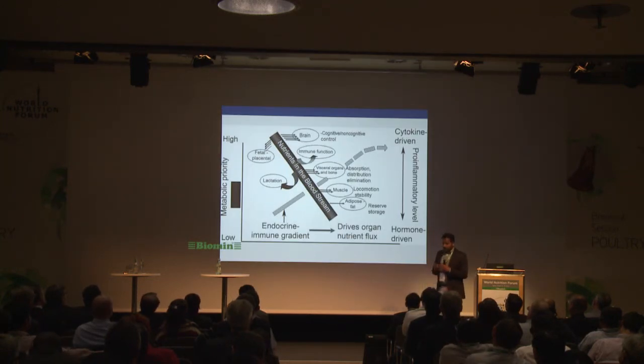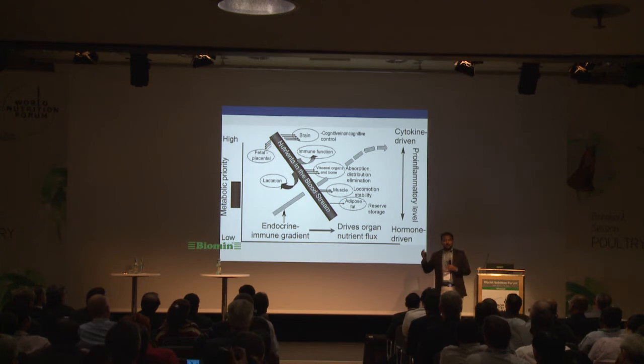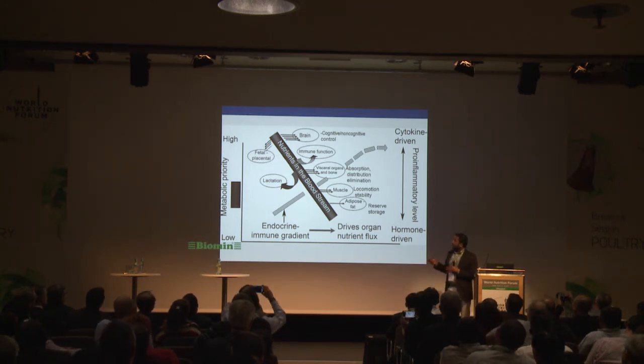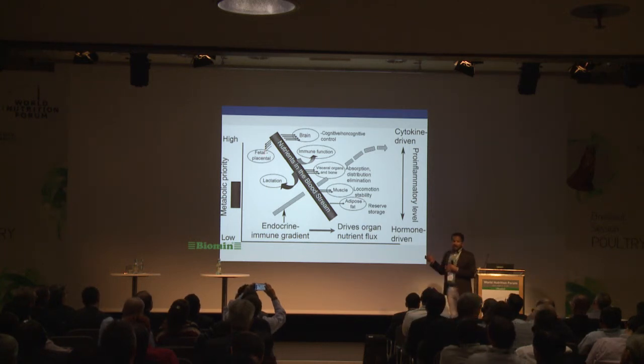So how do these factors, or the compromised intestinal integrity, affect the performance? As we saw in the earlier image, it activates the immune system. So this is one of the images where I want to take your attention. This is how the nutrients in the bloodstream are allocated to the different functions in the animal.